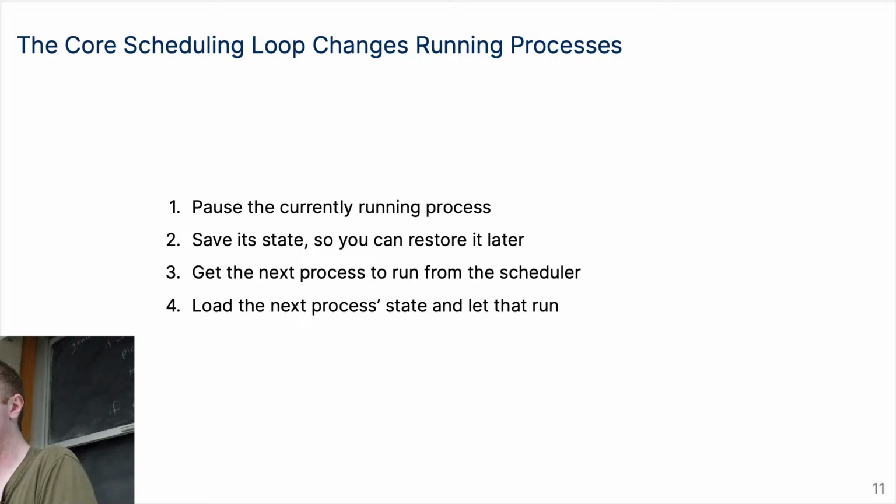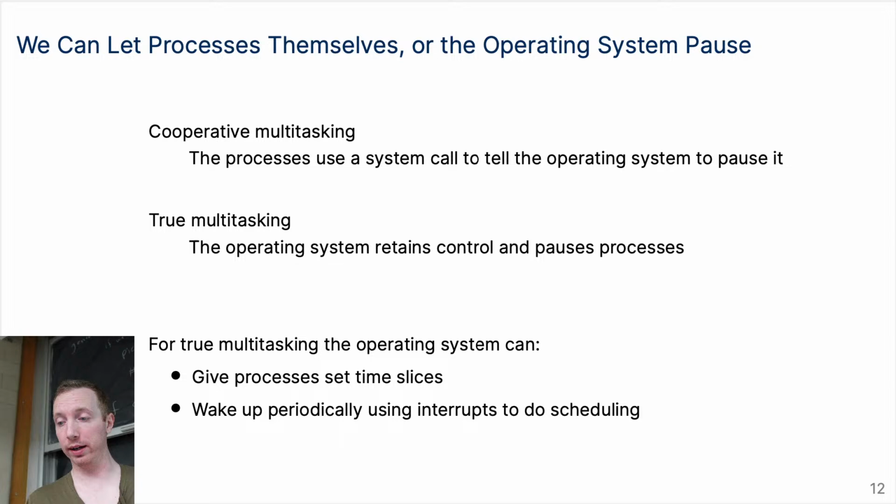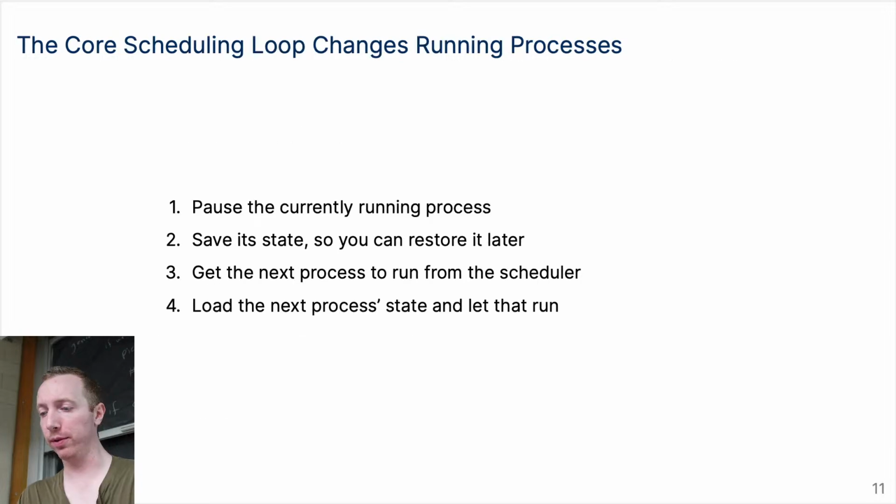So after it decides that, it will load the next process's state, which again would at least read the old program counter wherever it stopped at before, replace the current program counter with that process's program counter, and then it would resume. So it would just pick up exactly where it left off. So this mechanic of switching between two processes is called a context switch, and we'll see it again.